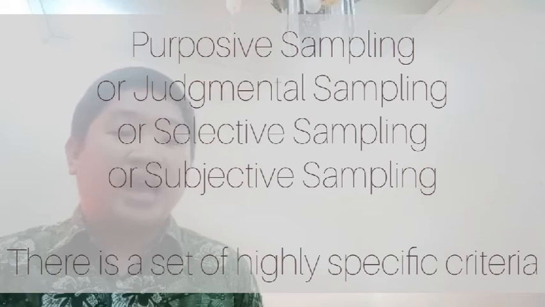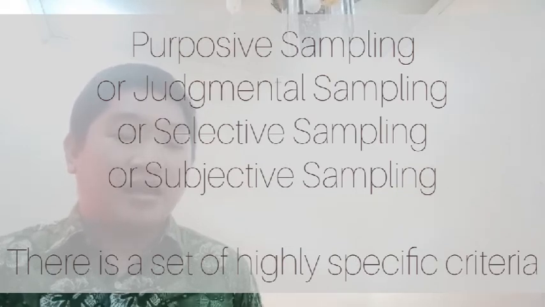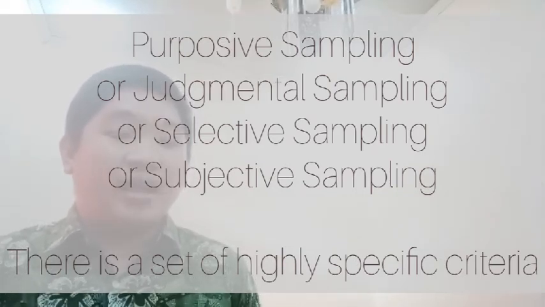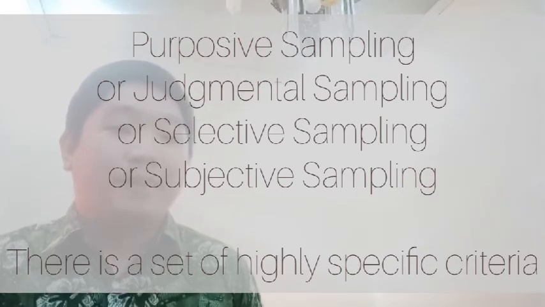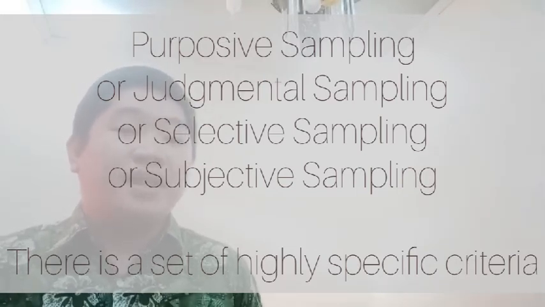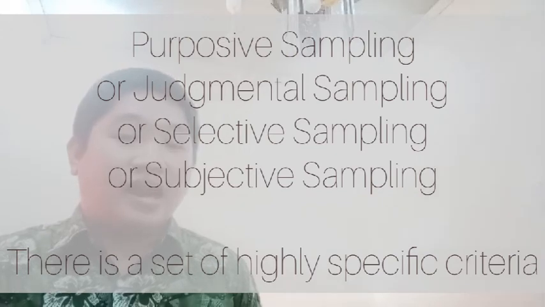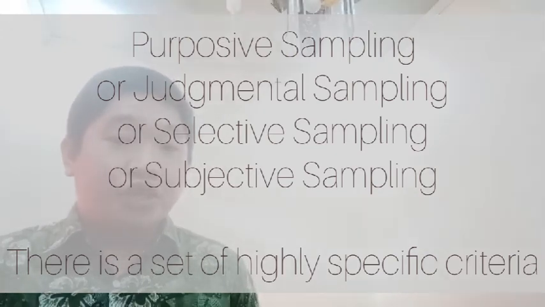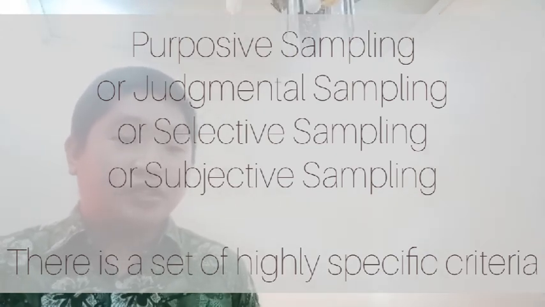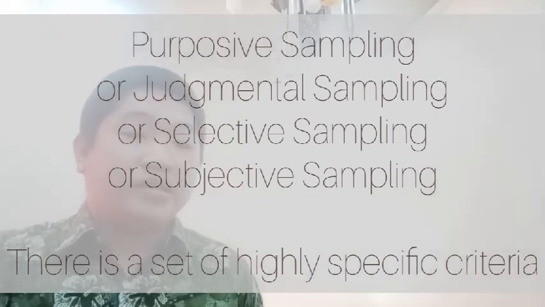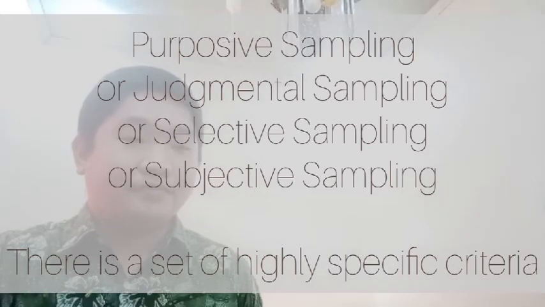It is also called judgmental sampling, selective sampling, and subjective sampling. In this kind of sampling technique, respondents are chosen by purpose. They must possess all the meticulously crafted characteristics that are needed in the study. Usually, purposive sampling is used when the required characteristics are only manifested by very few people.